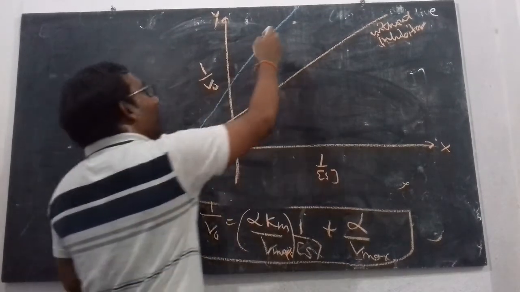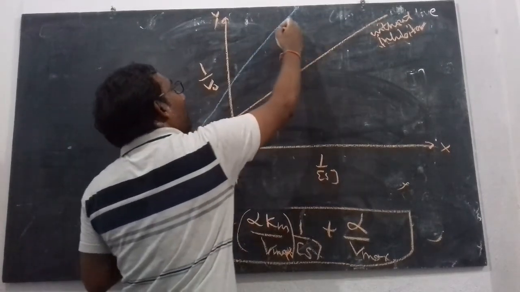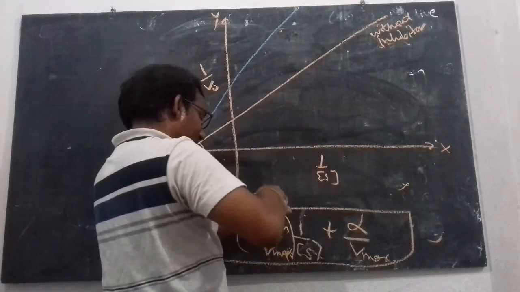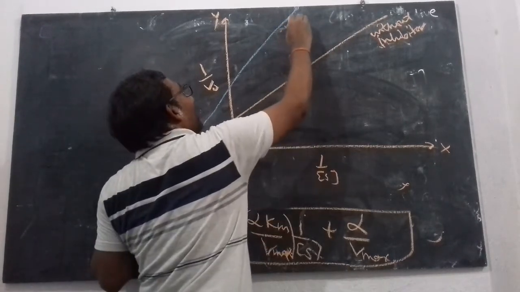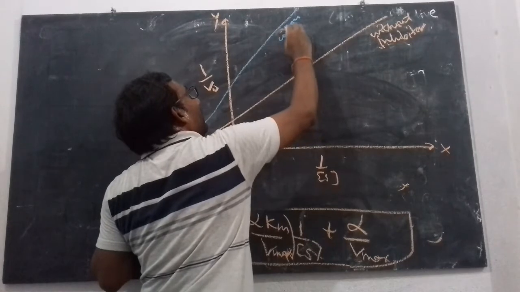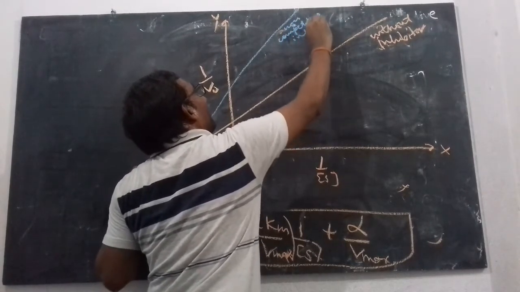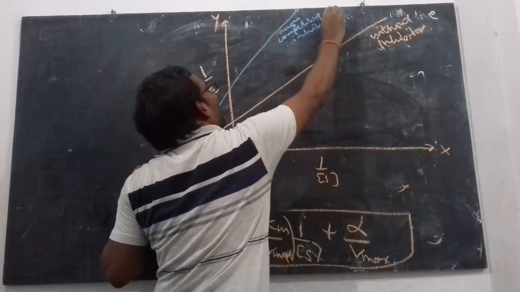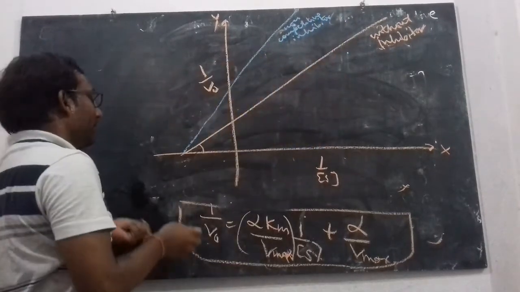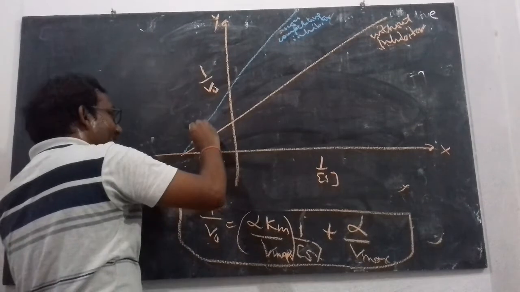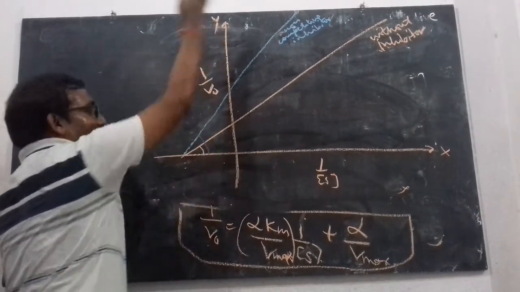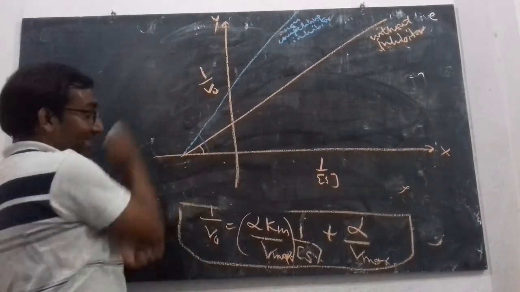But in the case of a non-competitive inhibitor, you see the angle has increased now. The slope has increased.